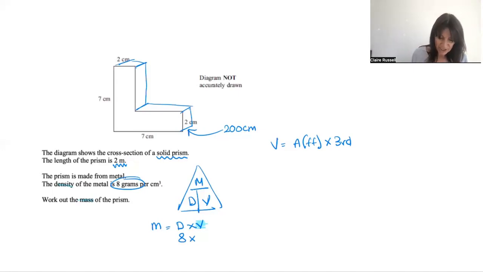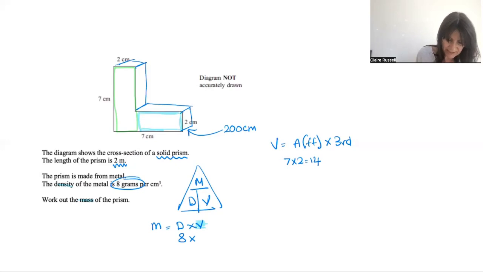So I have an L shape to work on. So I'm going to, first of all, work just on that section there, which I can see is 7 times 2. So I've got 7 times 2, which is 14. And then I can look at the other bit, which is just that bit there, which is not a full 7.